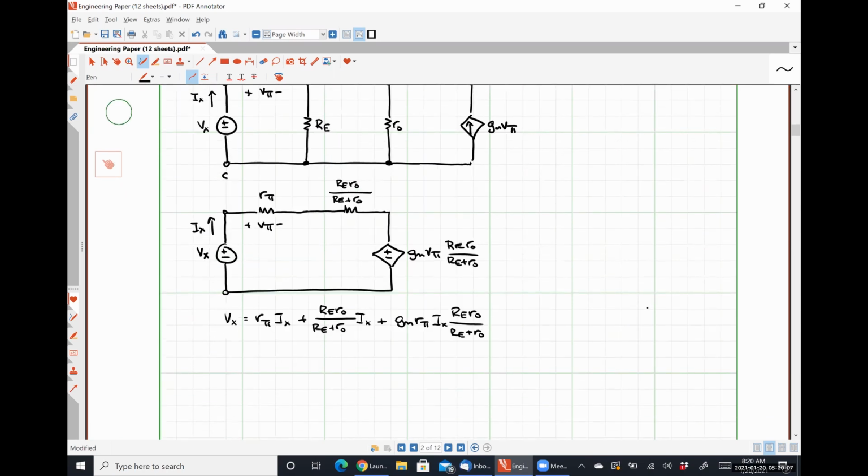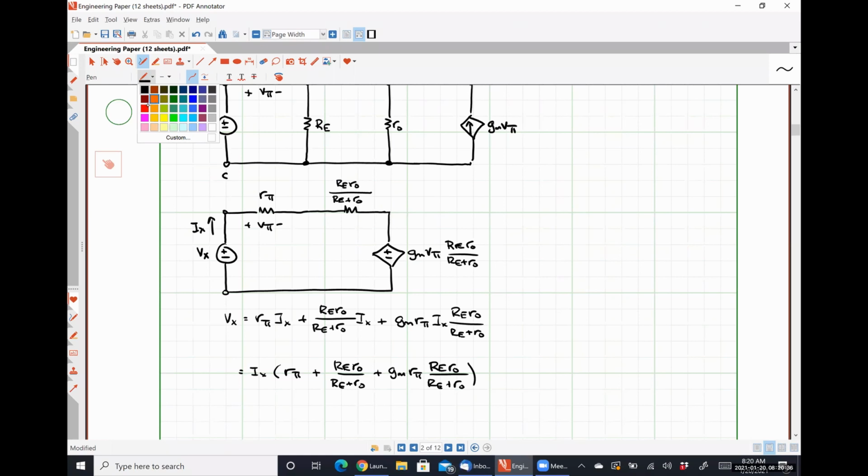I'm going to pull out my common factor of Ix. That leaves me with R pi plus RE R naught over RE plus R naught, plus GM R pi, RE R naught over RE plus R naught.